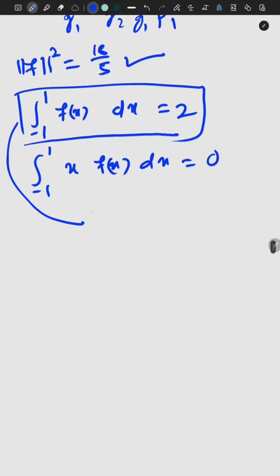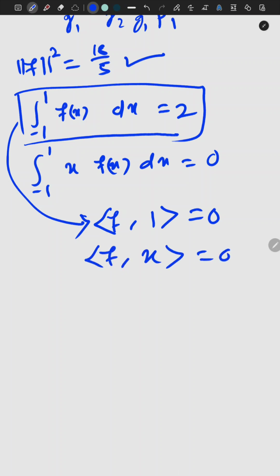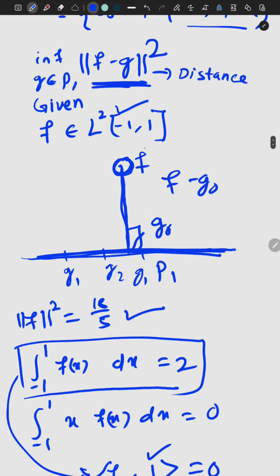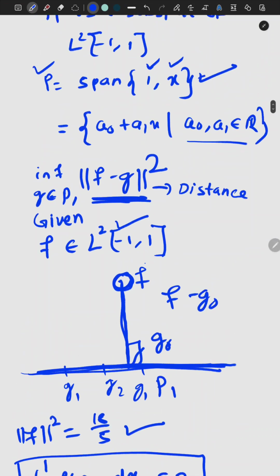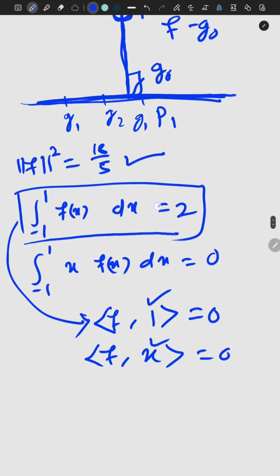Then this condition looks like f inner product 1 equal to 0, and this condition looks like f inner product x equal to 0. These two things are nothing but the basis elements of the P1 space. Did you get my point? I hope that you get my point, okay. These are the basis elements, okay.